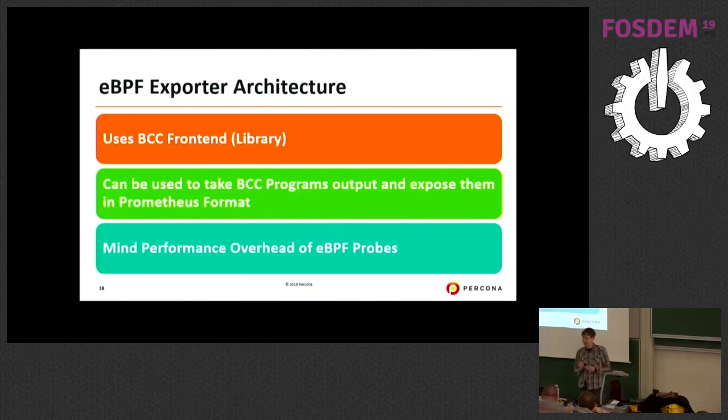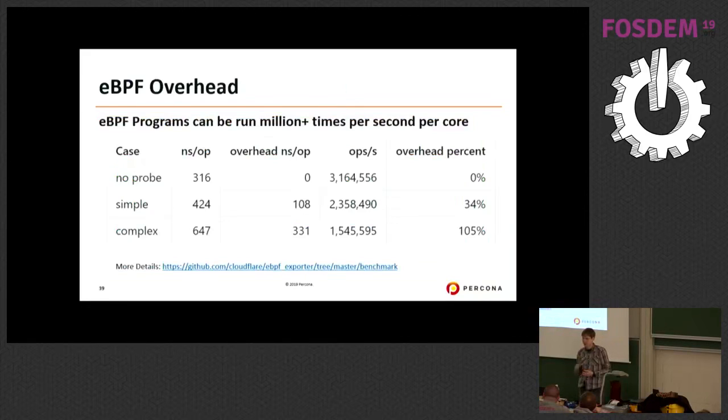So the eBPF exporter uses the BCC library to get the data, and pretty much you can take the data from BCC programs and output that in a Prometheus format. One thing you have to be careful about when running the exporter in production is the overhead, right?